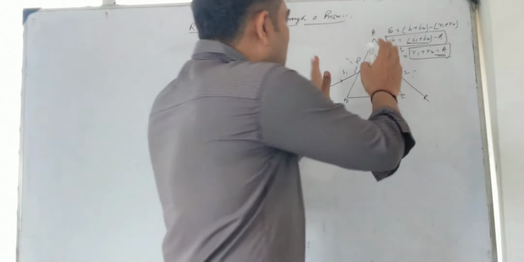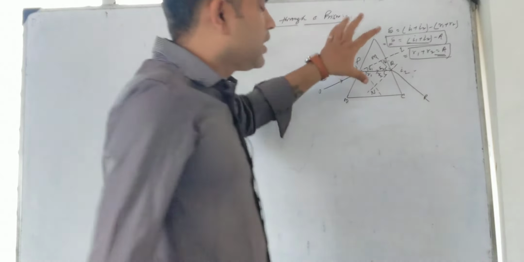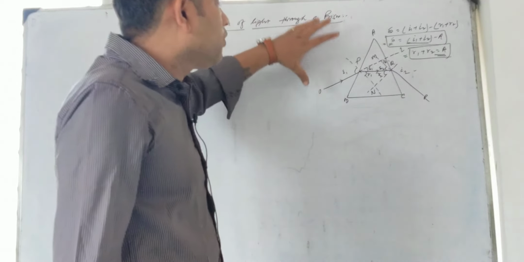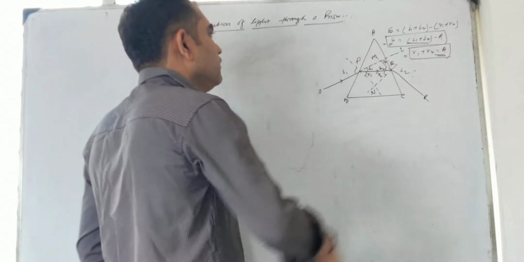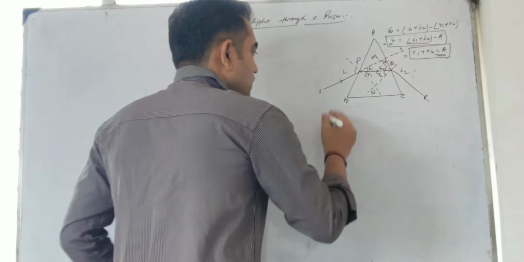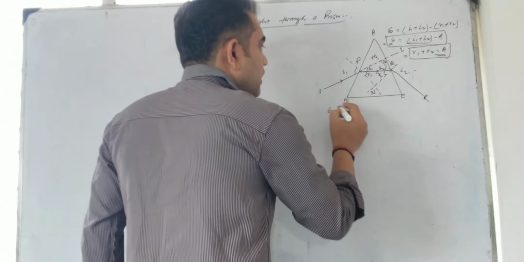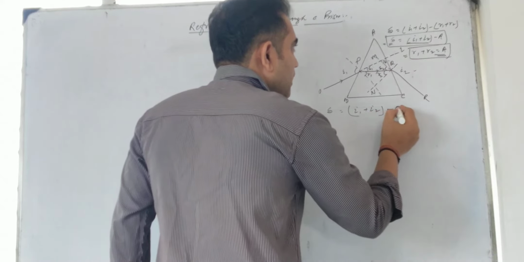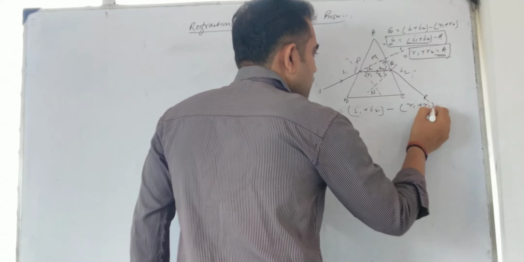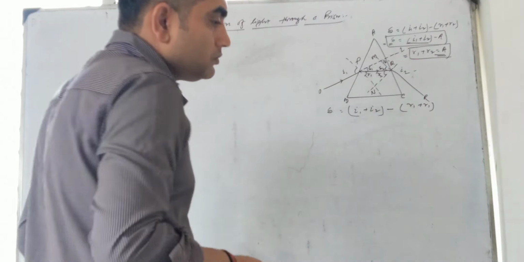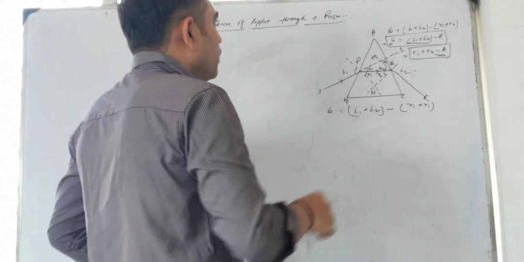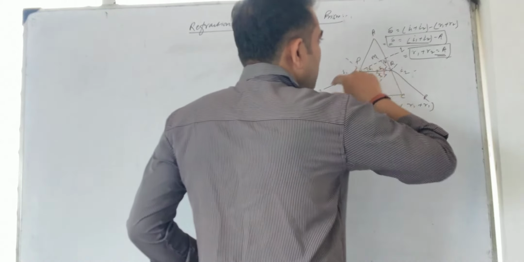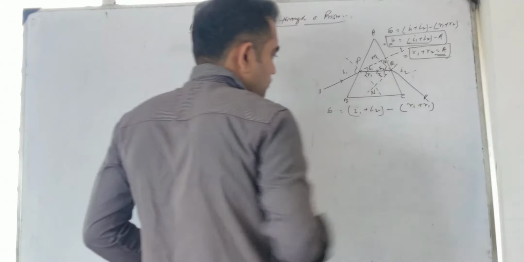We have made a diagram, and through this diagram, first of all, we are going to prove that del equals I1 plus I2 minus R1 plus R2. The first thing we solve using the triangle PMQ.